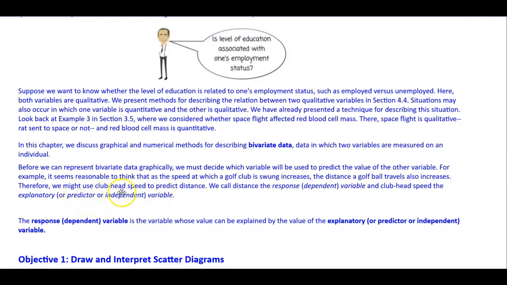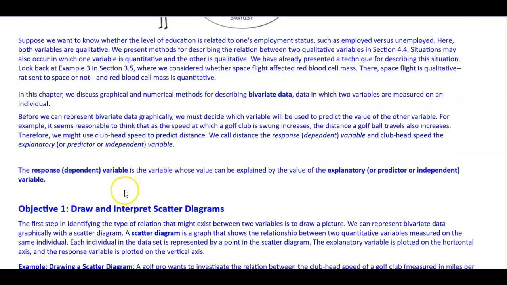Therefore, we might use club head speed to predict distance. We call distance the response or dependent variable, and the club head speed the explanatory, predictor, or independent variable. The response variable is the variable whose value can be explained by the value of the explanatory variable.